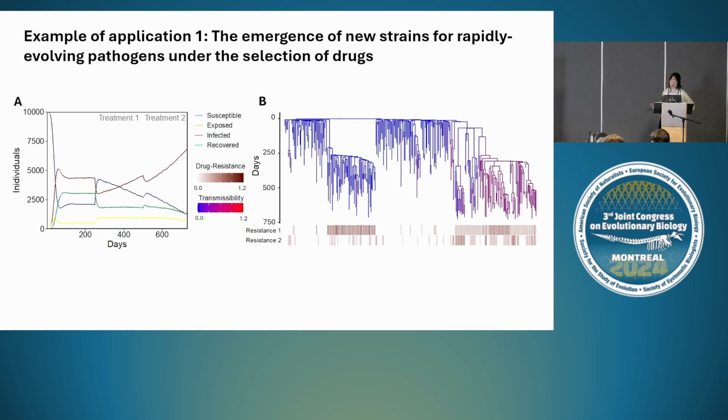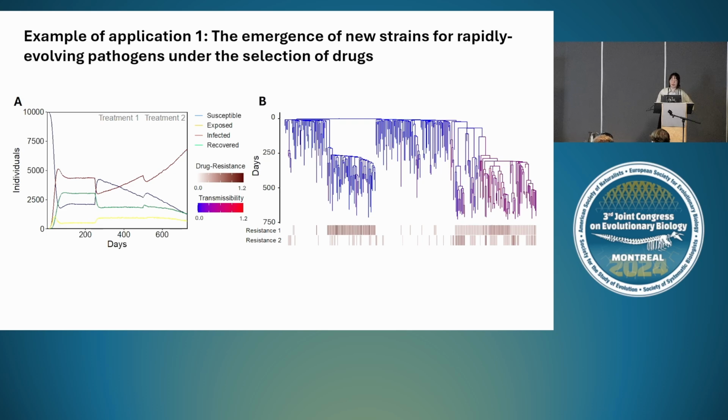However, they surged back afterwards, and most of the pathogen lineages after this treatment have resistance to these treatments, as you're going to see in the right graph, where the resistance is shown by the heat map at the bottom, and the phylogenetic tree is colored by transmissibility.